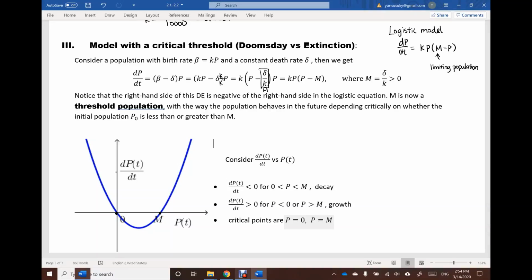When P is less than 0 or greater than M, the rate is positive, so we have population growth. So the critical points are 0 and M.